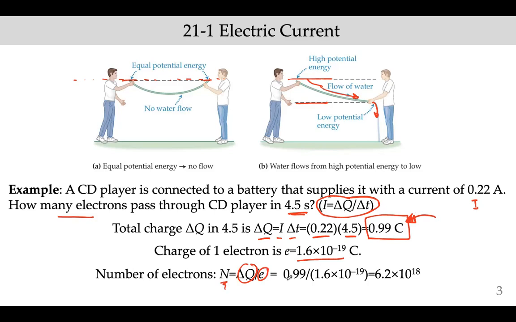So the charge here is 0.99 divided by this number, the charge of one electron, and it gives you 6.2 times 10 to the 18 electrons. So this is the number of electrons that pass through this wire in 4.5 seconds.